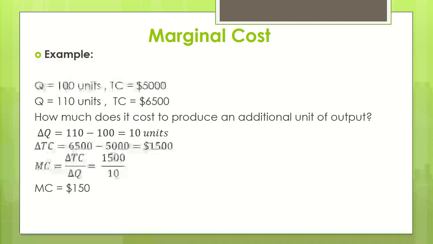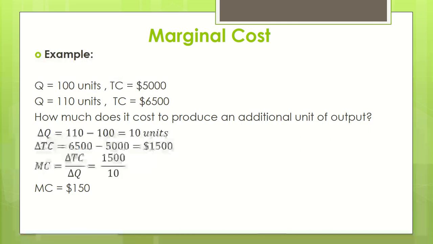Okay, if you remember one of the 10 principles of economics from unit 1, rational people think at the margin. That means people compare marginal benefit or the marginal product with marginal cost.